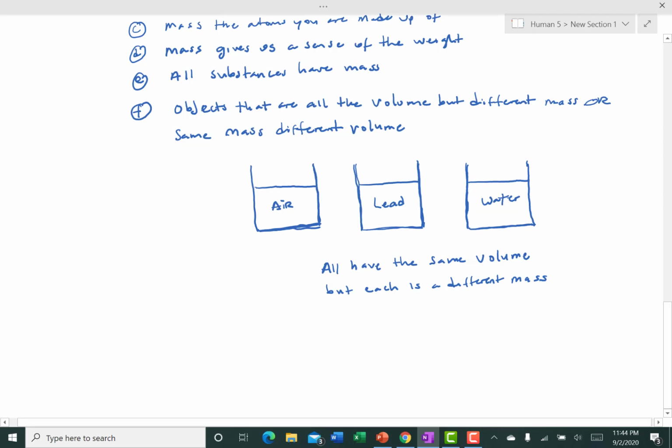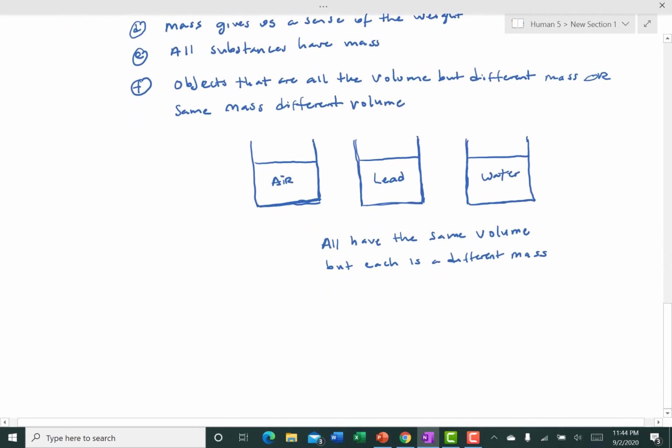Right, and this is why we connect it to weight, because it gives us a sense of weight. With air versus lead versus water, they're all going to be different weights as well, because mass is connected to weight. It just doesn't have to be, and it isn't exactly the same thing.